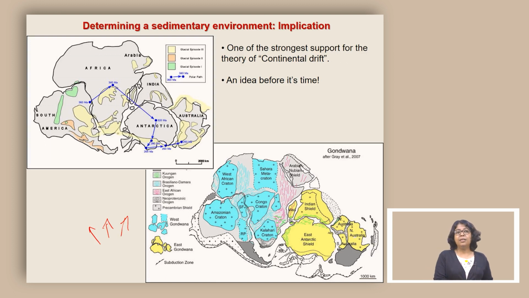So, reconstructing the sedimentary environment tells us a lot about the past history of the earth, and it was one of the strongest supports for the theory of continental drift.